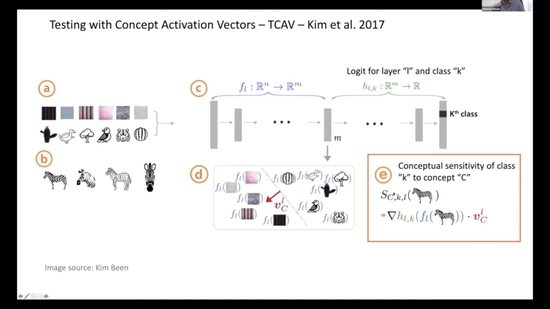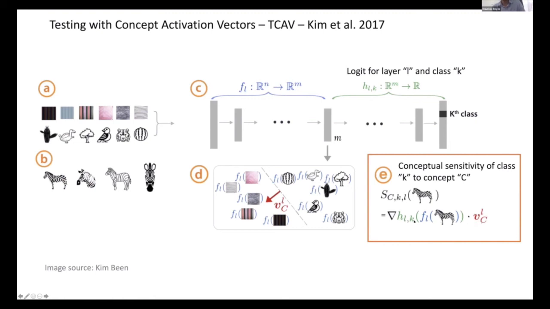So what you see here is this variable S is measuring a sensitivity of my model to a given class K, sensitivity to concept C, for example, zebra-ness, at layer L. And that's defined as how much this gradient, so how much my probabilities, remember at the end of a neural network we have probabilities, how much this is changing as I move away or towards that concept.